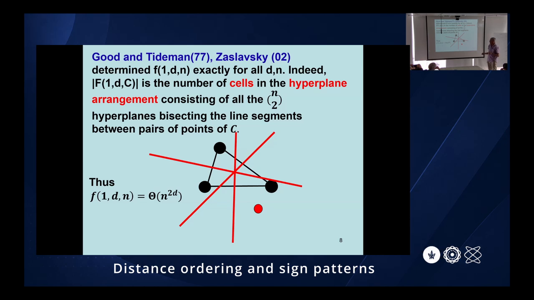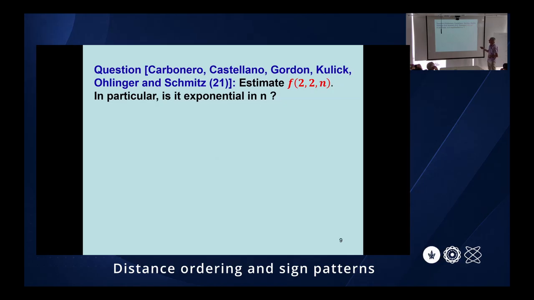Okay, but already when K equals 2, so you take the sum of distances from 2 points, then it gets much more complicated to understand what's going on. And in particular, there was this question suggested in a recent paper 5 years ago by Carbonero et al. And they asked to estimate this f of 2, 2, and n.